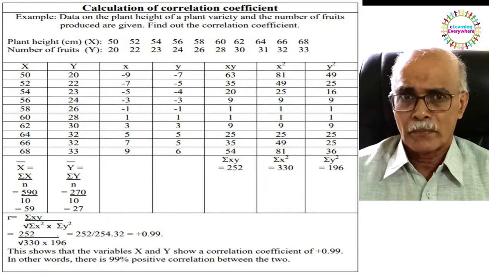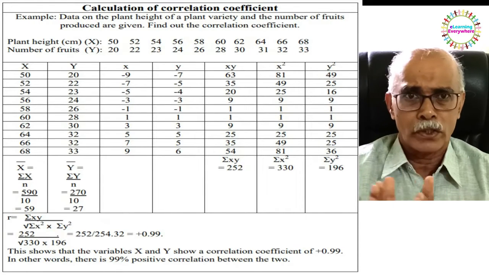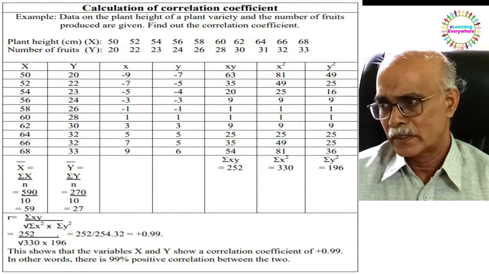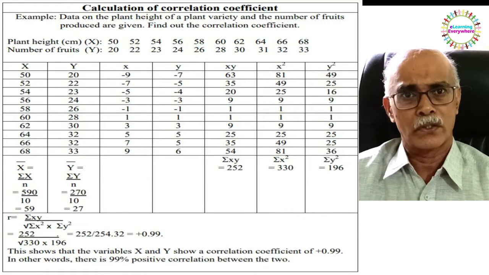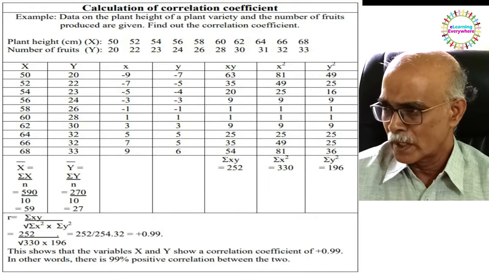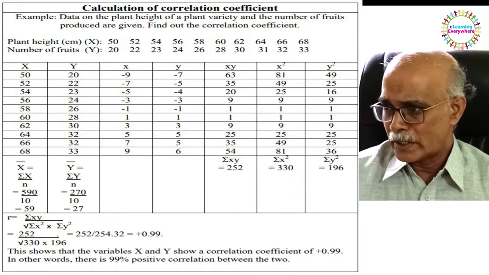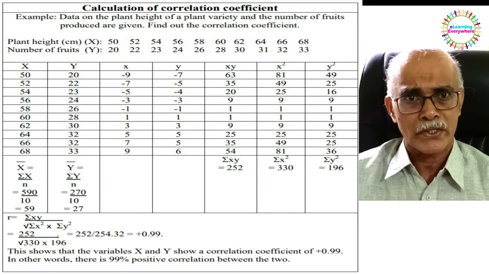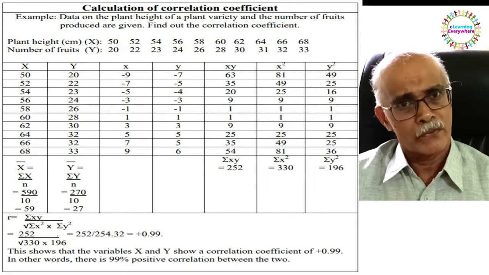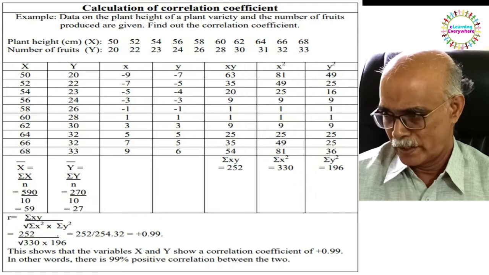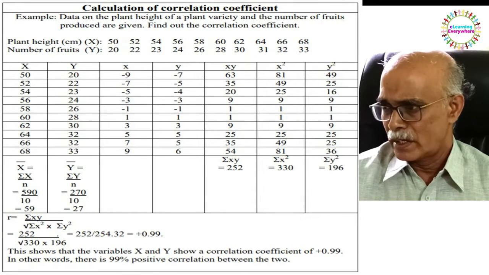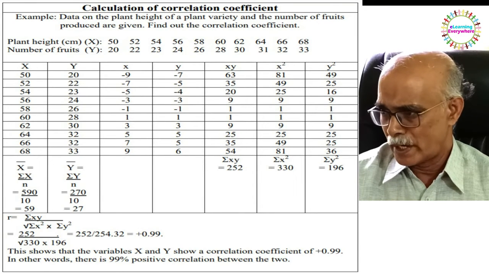The first step is to plot the two sets of data, the two variables x and y, in two adjacent columns in a table. Then you have to calculate the mean values, x bar for the first variable x and y bar for the second variable y. Since these are unorganized data, x bar is equal to sigma x by n and y bar is equal to sigma y by n.